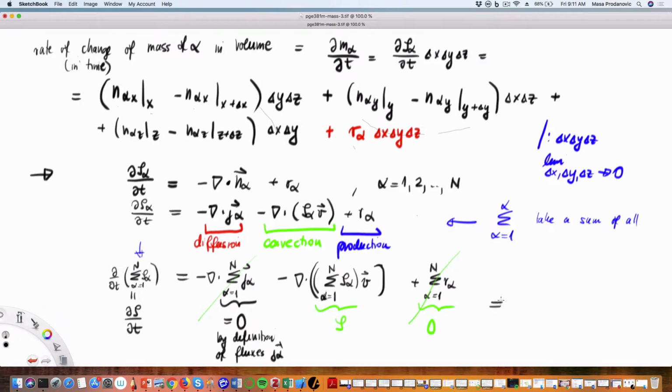I do get d rho dt is minus divergence of rho v. That's what I should get. So this is my equation of continuity for the whole mixture.